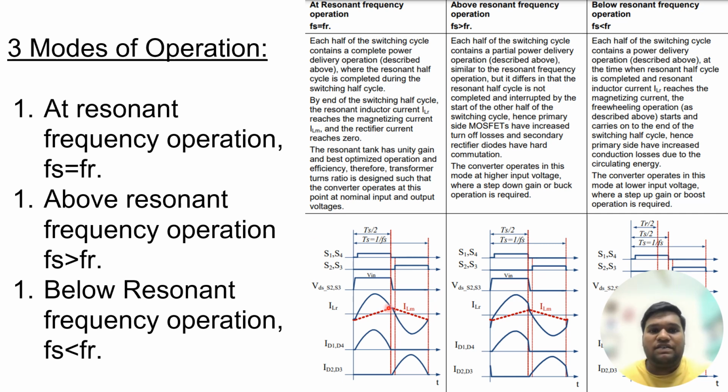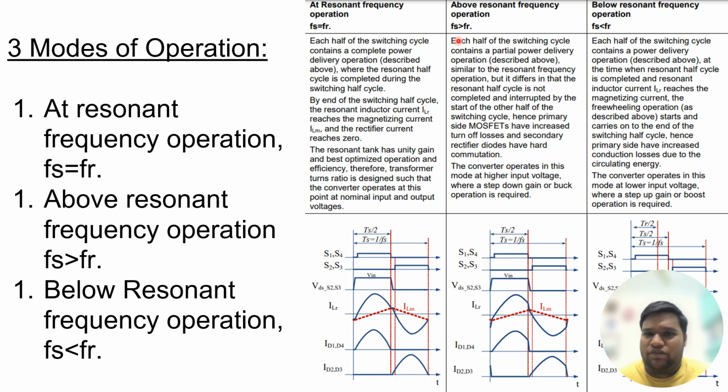If your resonance frequency is equal to the switching frequency, then the current is very mildly overlapping with the voltage VDS, and hence the power dissipation is quite less.